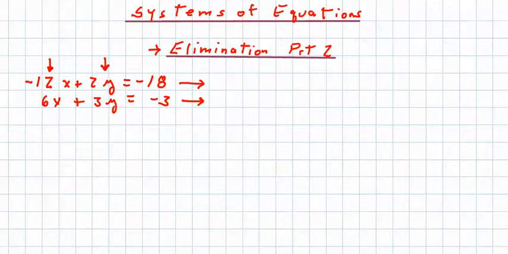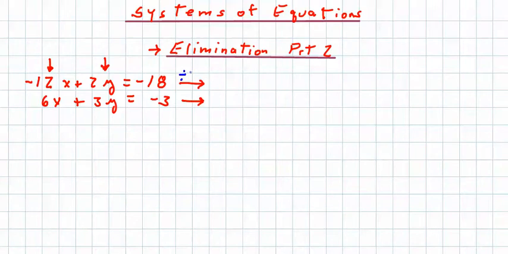I could multiply this bottom equation by 2, and then when I added the equations together, the x's would eliminate. Or, more easily, I could divide this top equation by 2.